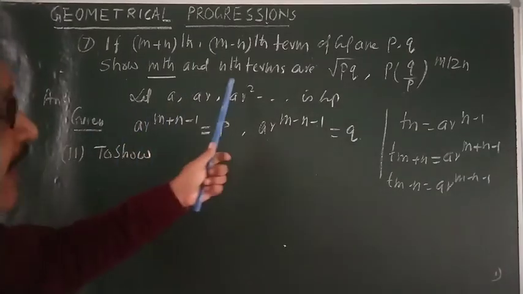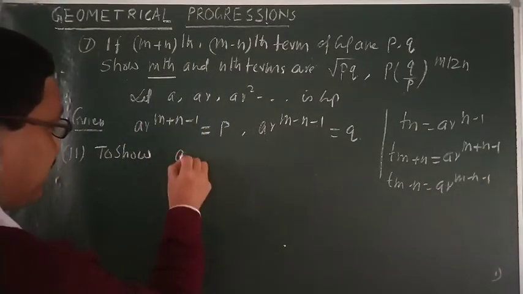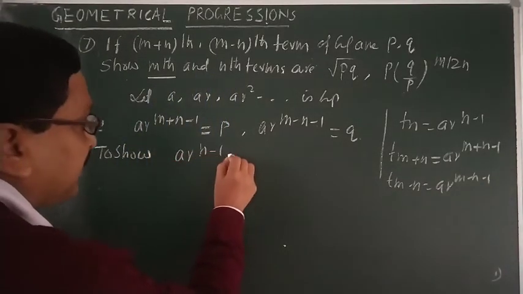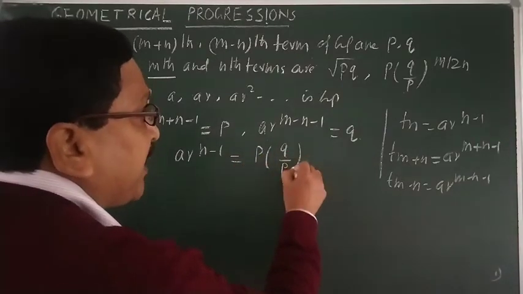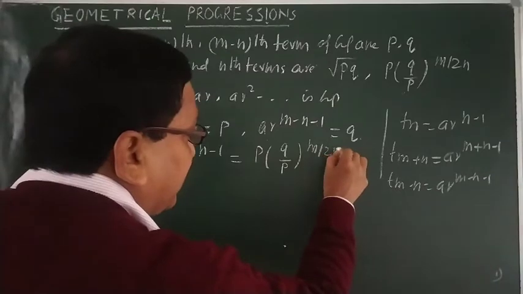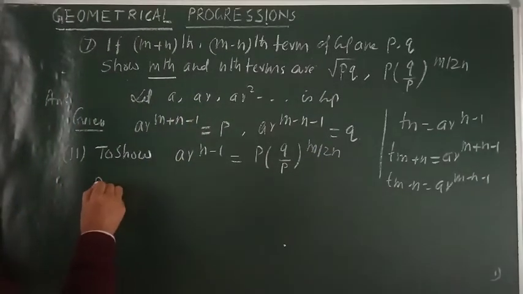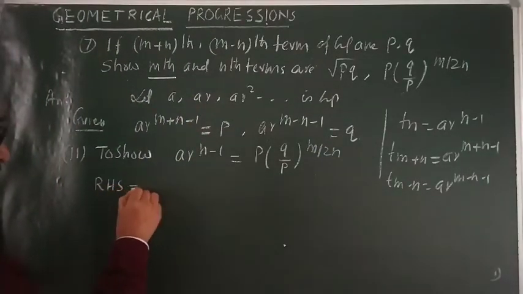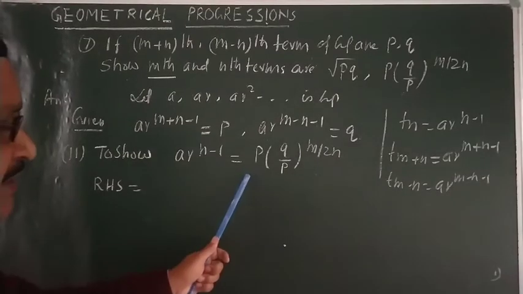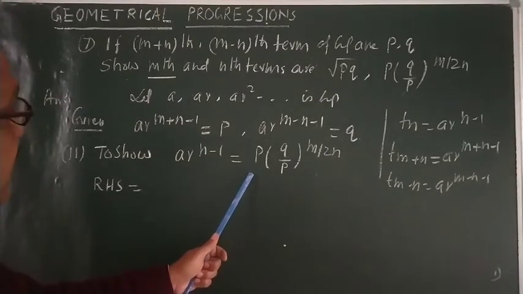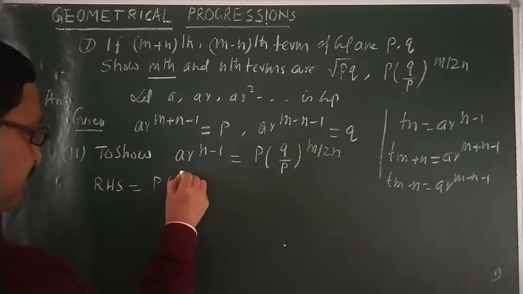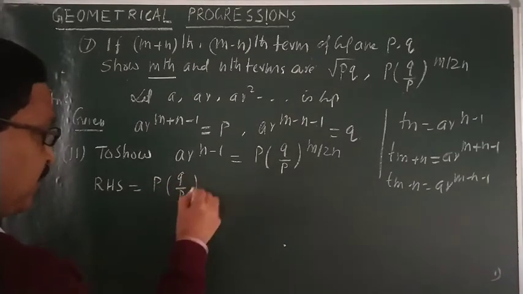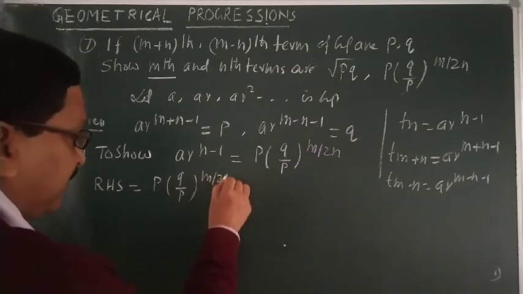To show the nth term, AR^(n-1), is equal to P times (Q by P) to the power m by 2n. Now again starting from RHS. P times (Q by P) to the power m by 2n.